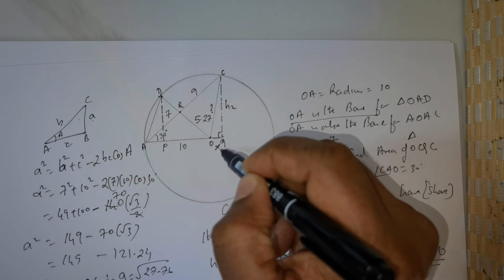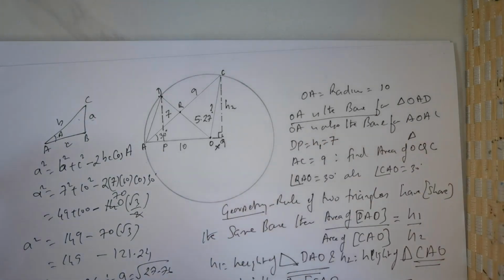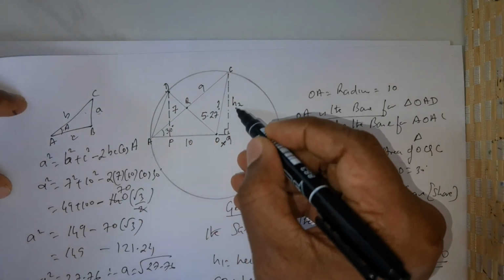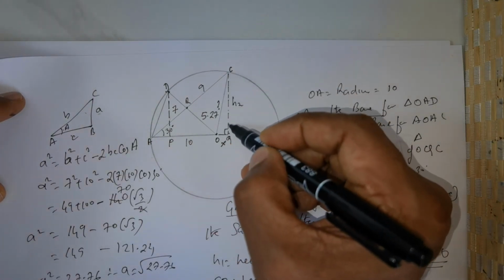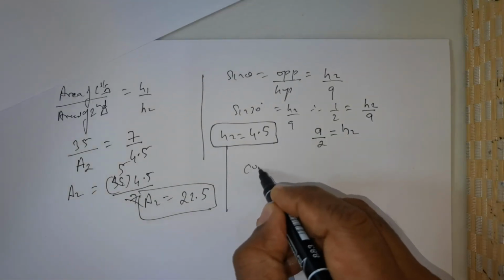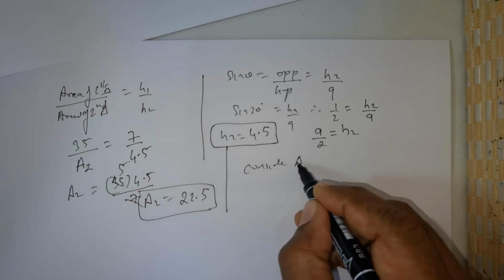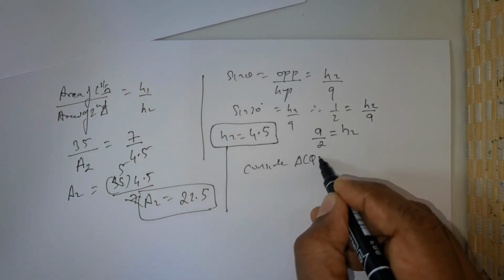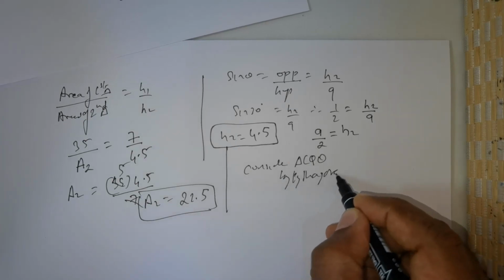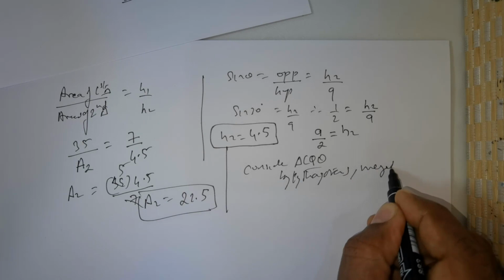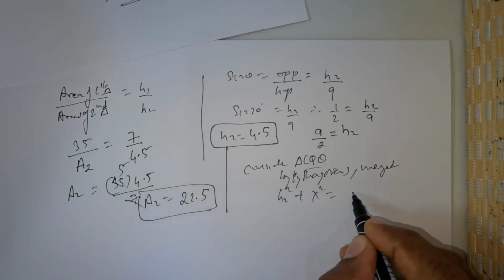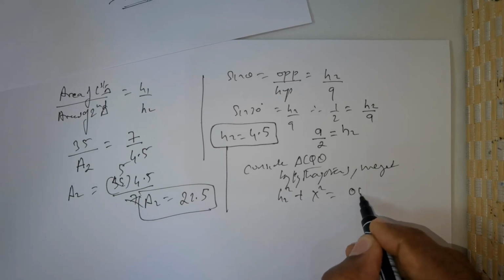Let us do this and check it out in the other method also. So what I wish to do is use Pythagoras. I will consider the right triangle CQO. So by Pythagoras, we get h2 squared plus x squared is equal to OC squared.